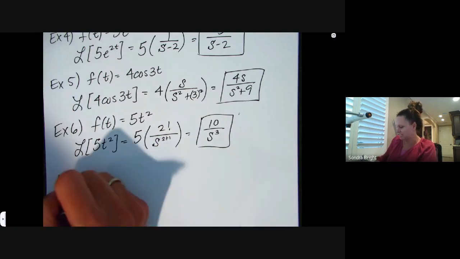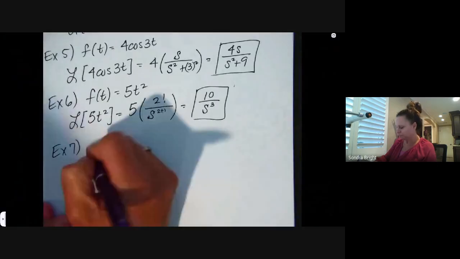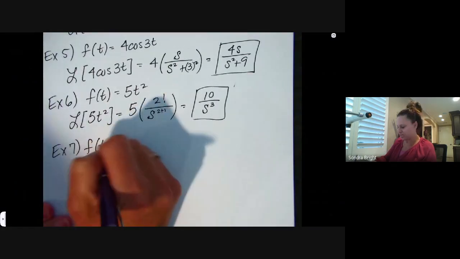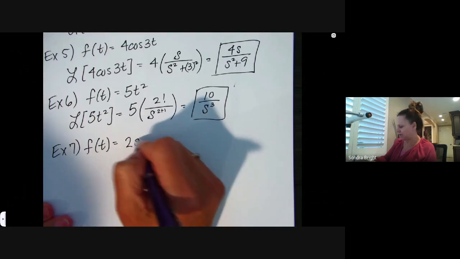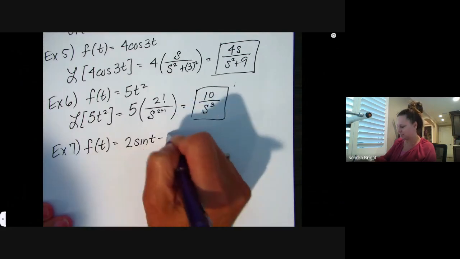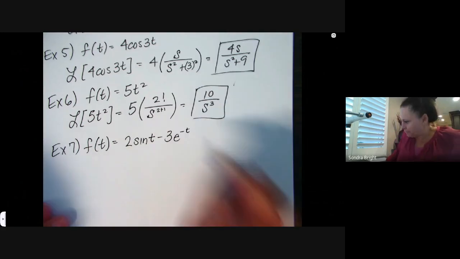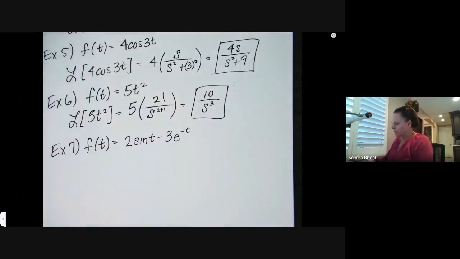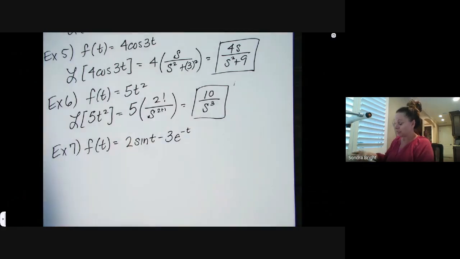If they only just stayed this way, right? All right, how about the Laplace transform on 2 times sine of t minus 3 times e to the negative t? Okay, well, we've got, remember, it's a linear transformation.